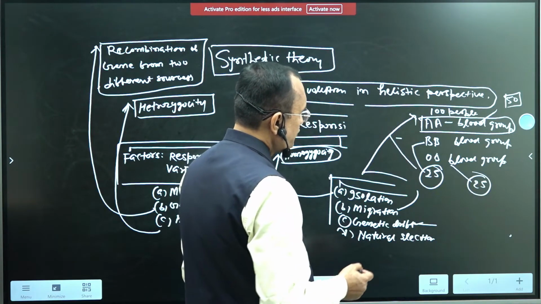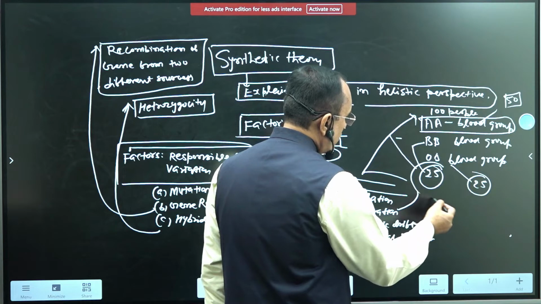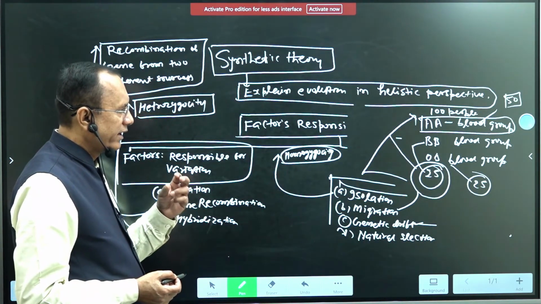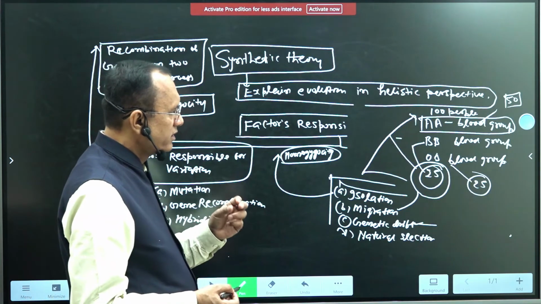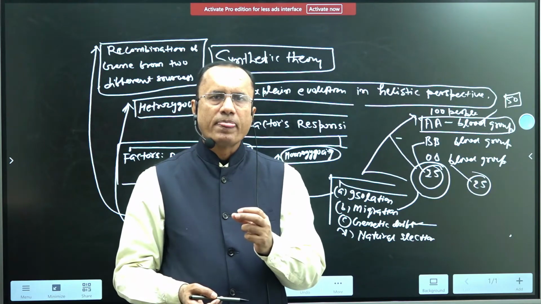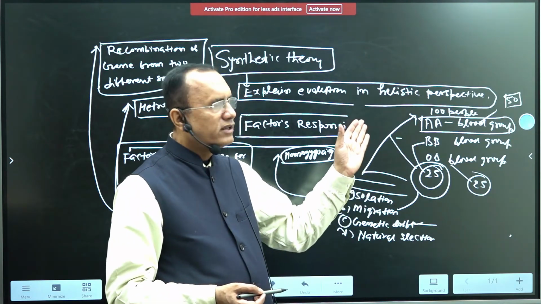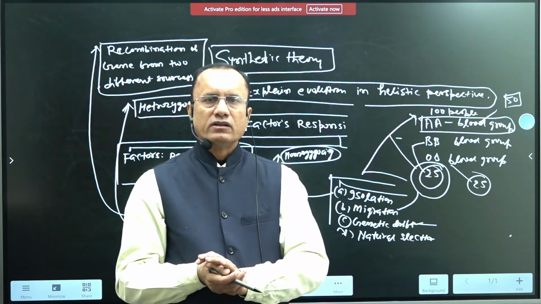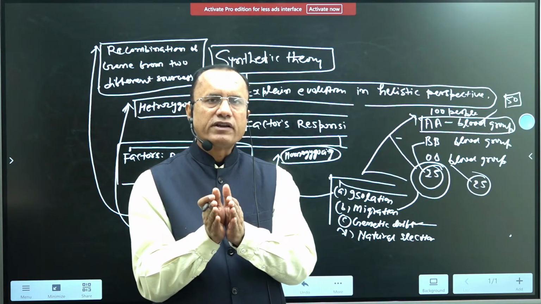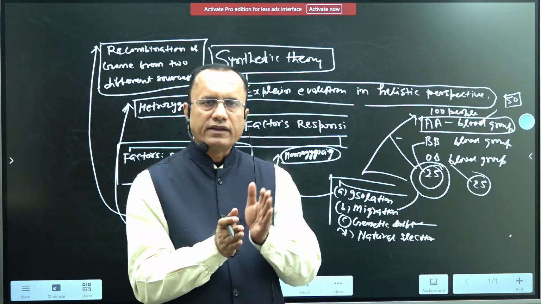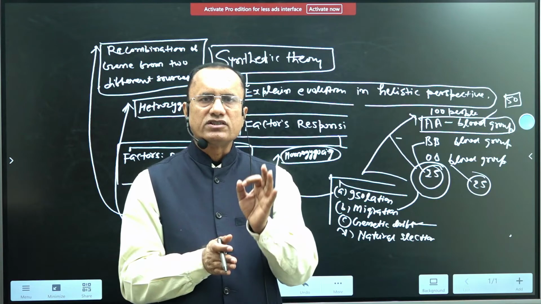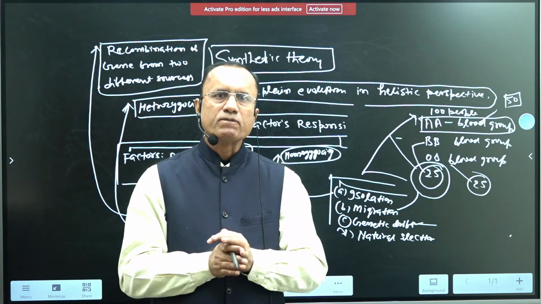Suppose all people who belong to B blood group die due to a random event. So there is extinction of the genes responsible for B blood group, and therefore in the rest of the population their genetic constitution changes, and therefore genetic drift is also responsible for change in gene frequency in a population.